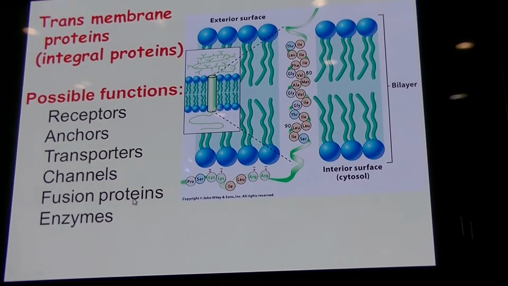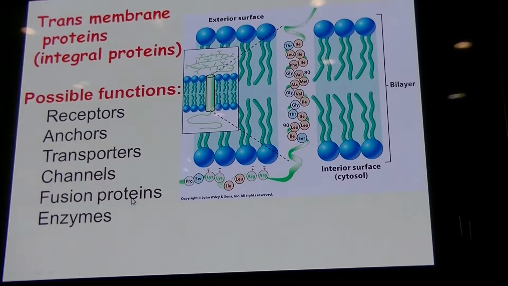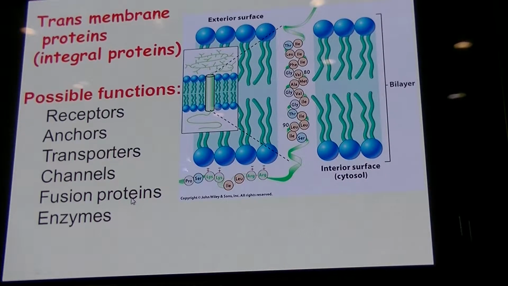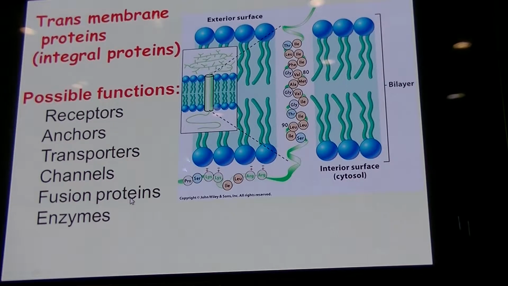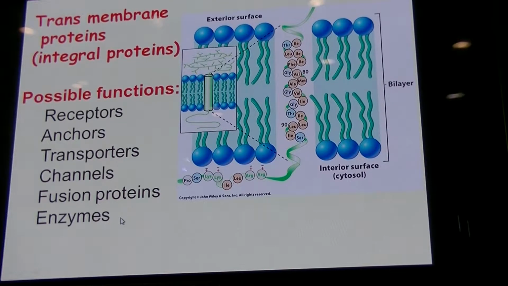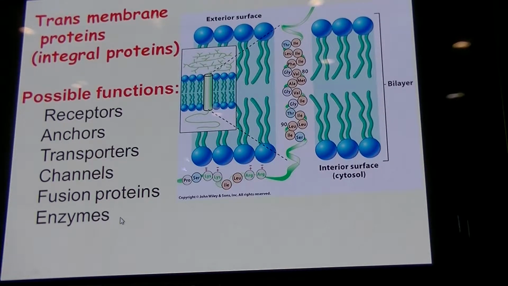Some transmembrane proteins are required for fusion processes, which is something viruses do. Viruses often need to fuse their envelope with the membrane of the host cell in order to get in, so they need fusion proteins. And a lot of integral proteins are enzymes. They function in the synthesis of lipids or other processes that have to happen at the surface of the cell.